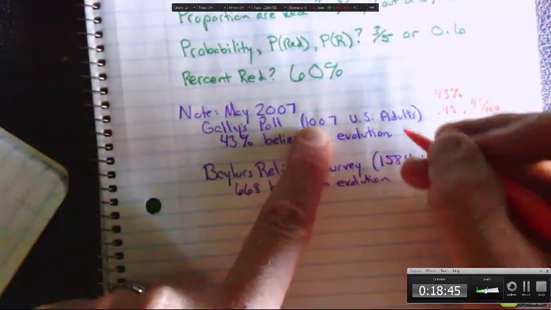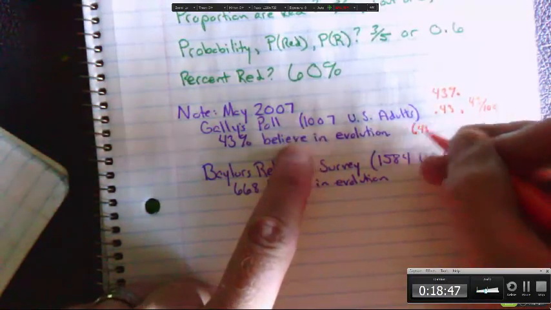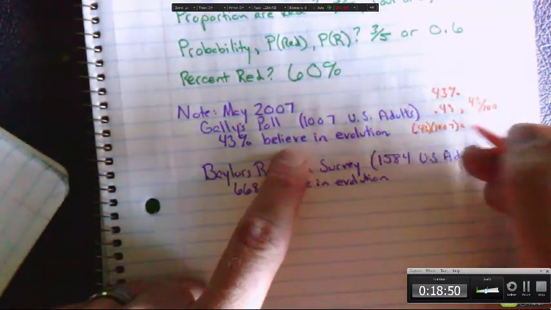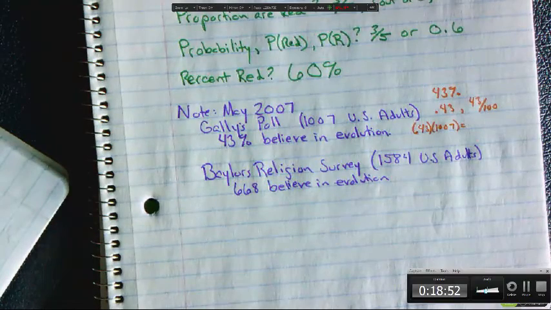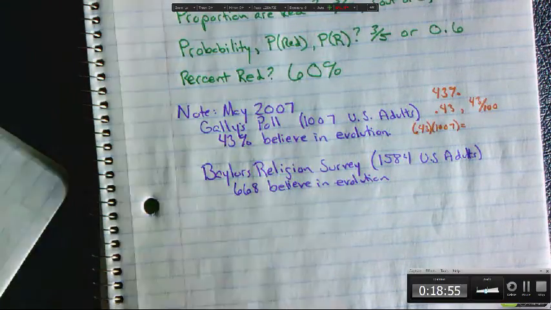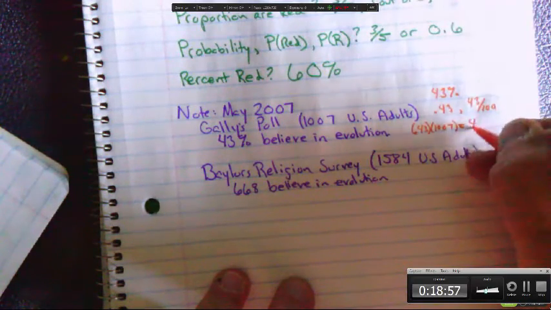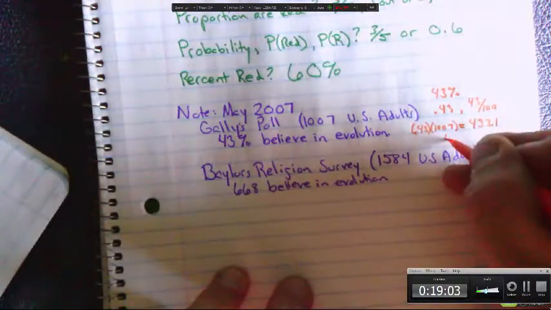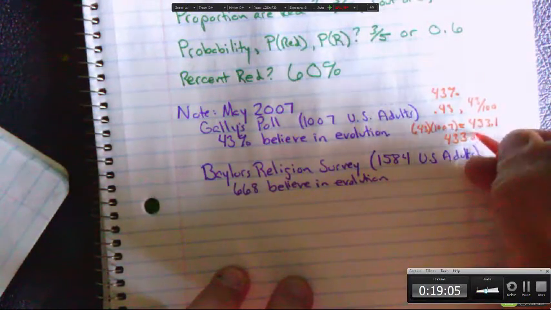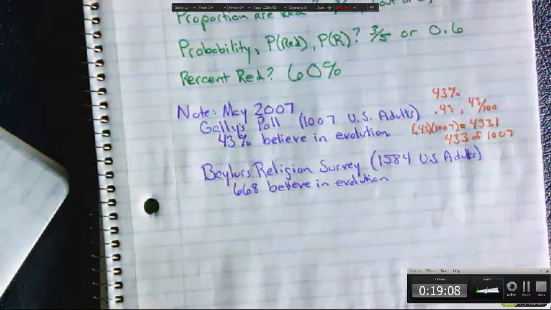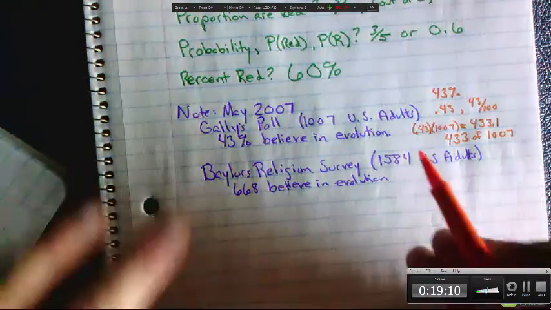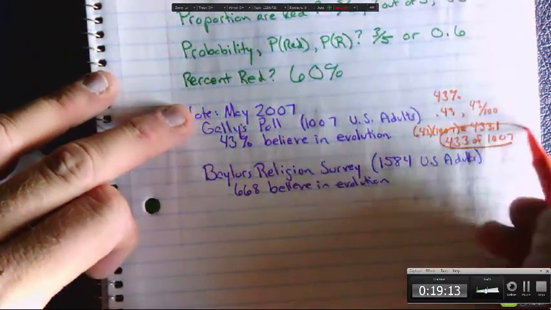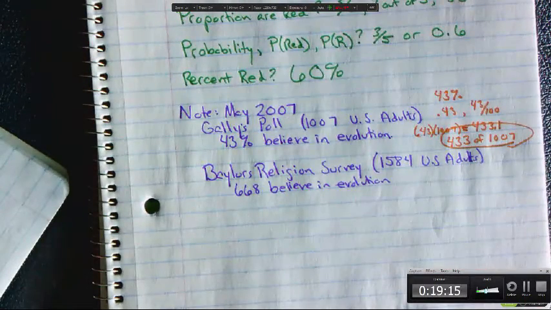We would take 0.43 and times it by what? 1,007, and we get, anybody? 433.1. Okay, so probably we would say 433 of 1,007. So now we've taken how they reported it, and written it in a different way that allows it to be compared to the same format in which the other survey reported their results.